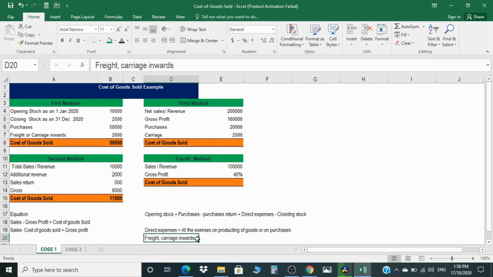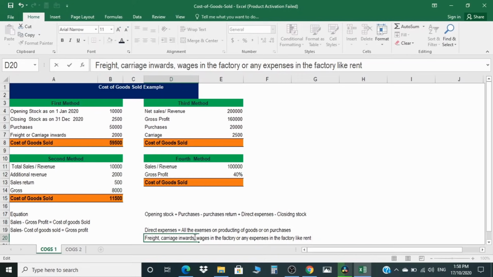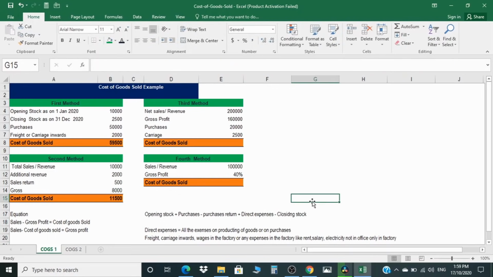Also any wages in the factory, or any expense in the factory: rent, salary, electricity, not in the office, only in the factory. Remember. So this is how we go.